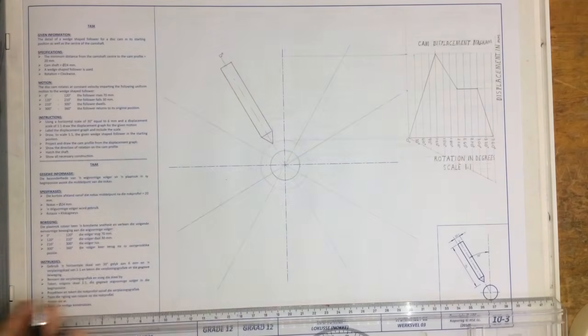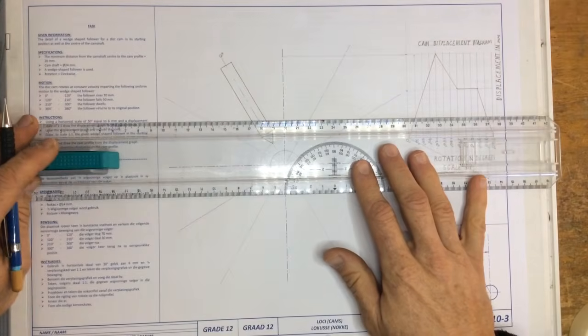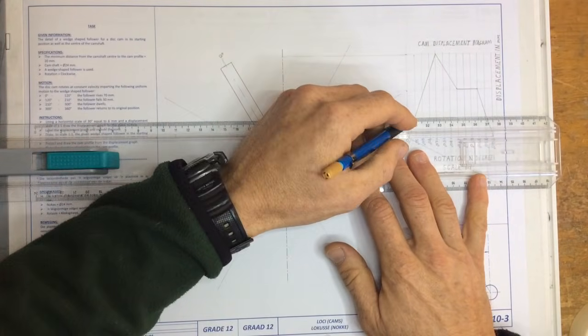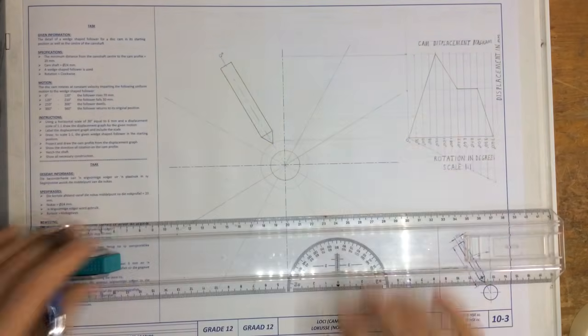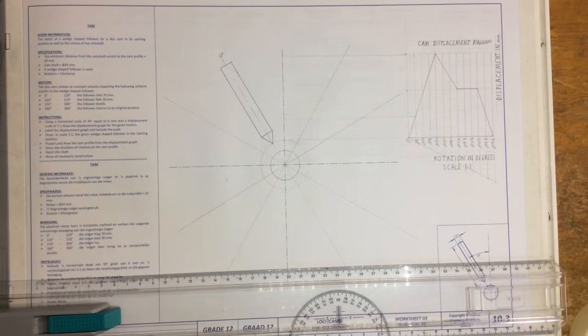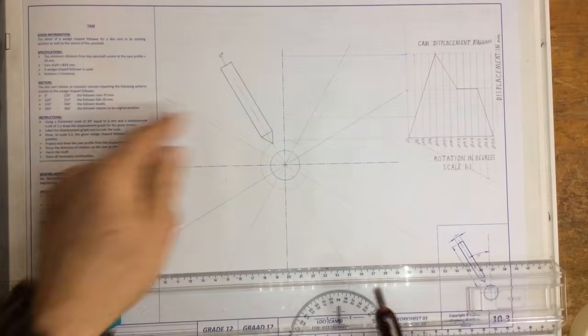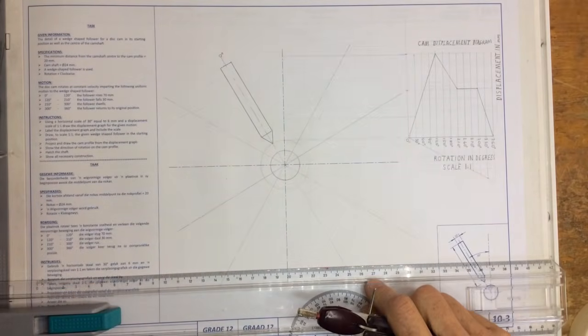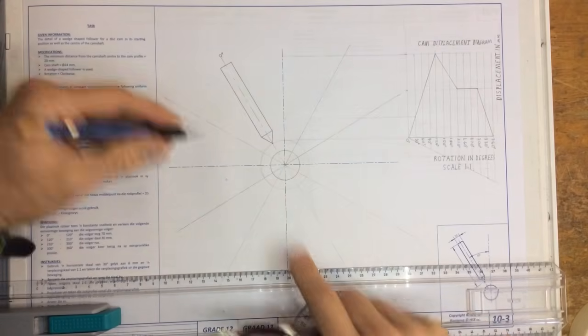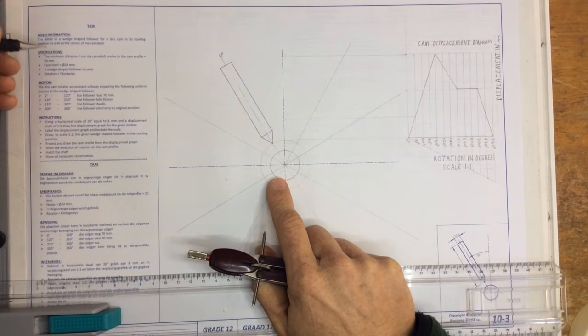Okay, let's have a look. I'm going to take lines going across from this 30 degrees over here, across to the center line over here. And I'm going to draw a line going around to my 30 degrees. Now, I need to mark off these things first before I can do anything. What direction is this cam rotating in?